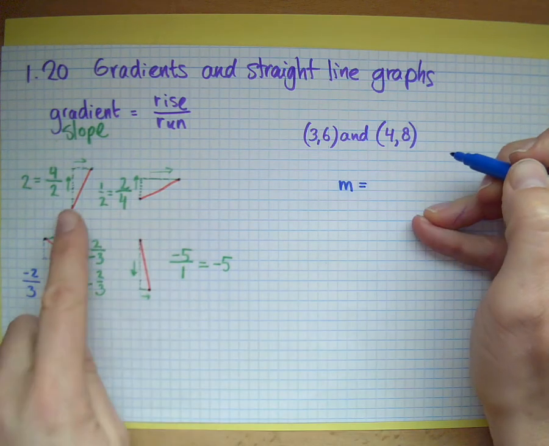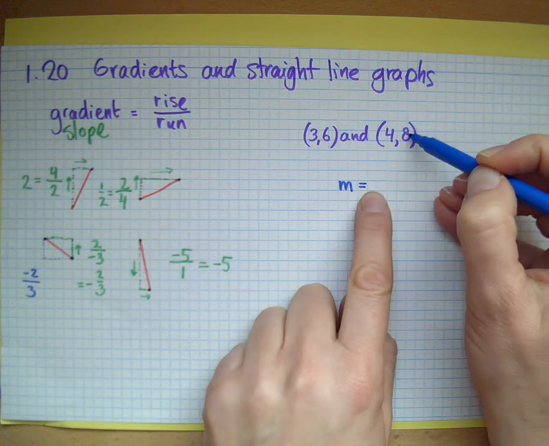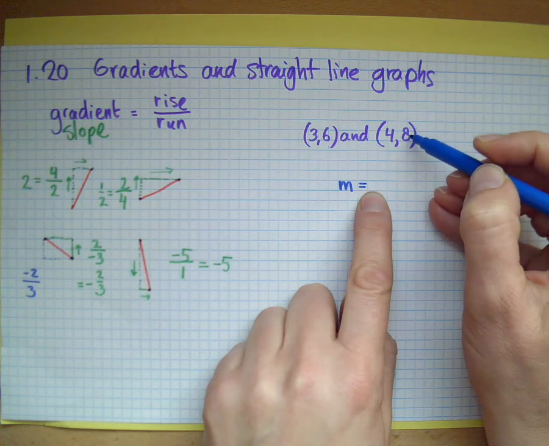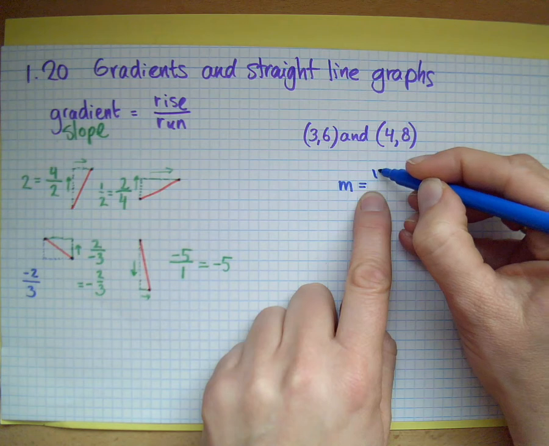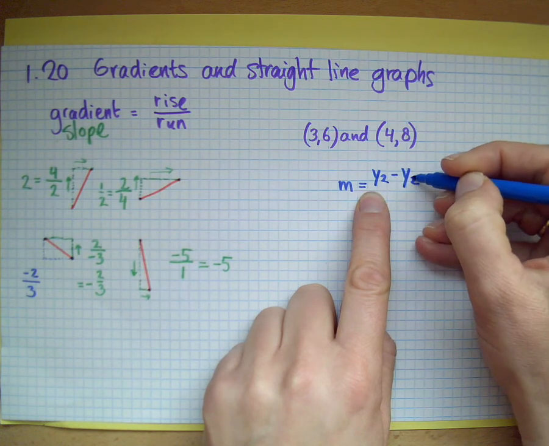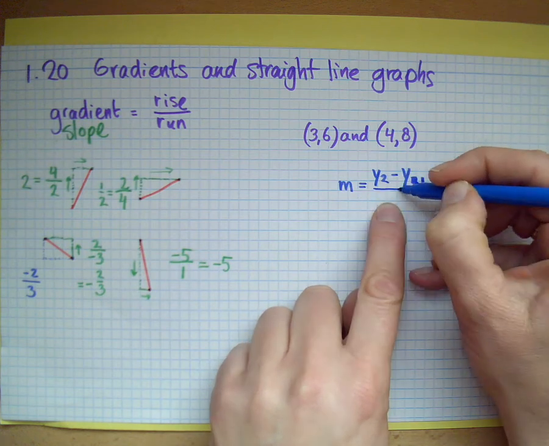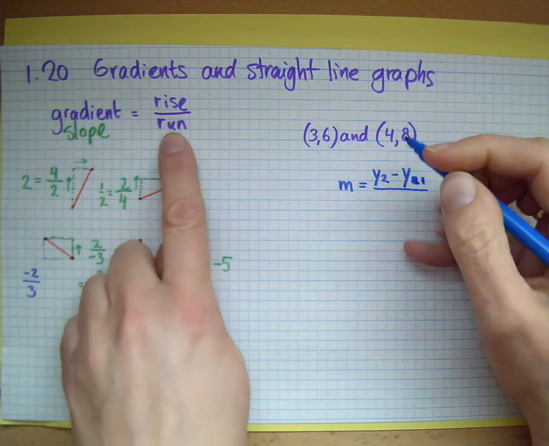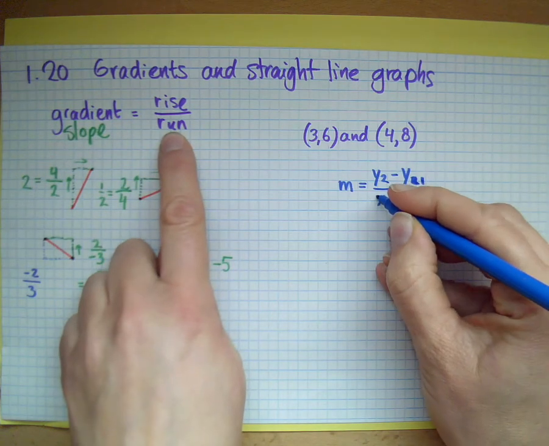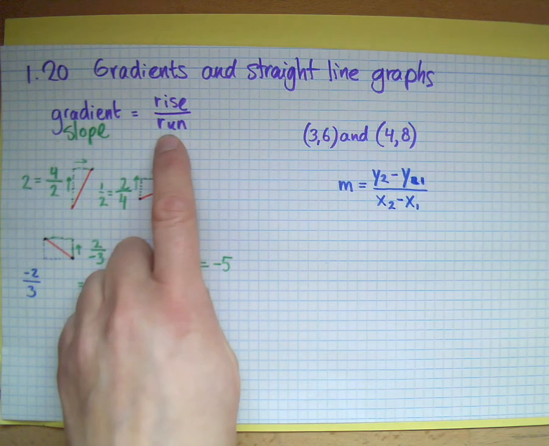The rise is the vertical distance, so actually the difference between the y values of these coordinates. This is actually the formula. So the one y value minus the other y value divided by the run, which is the difference in x values, x2 minus x1.